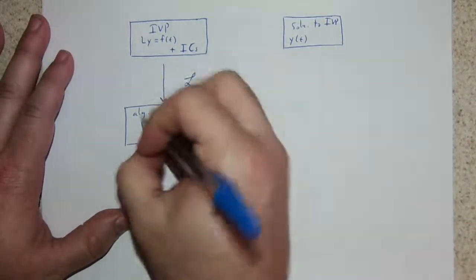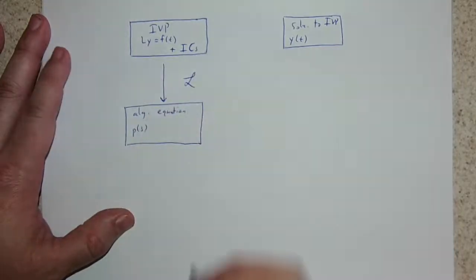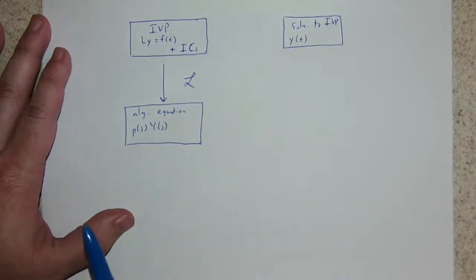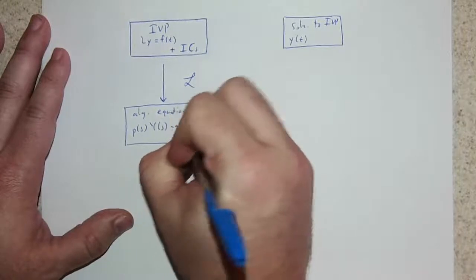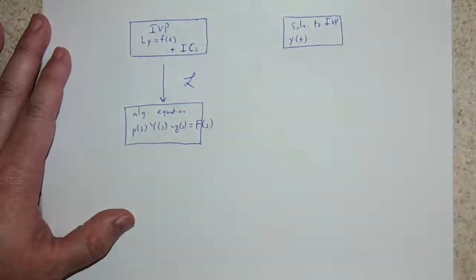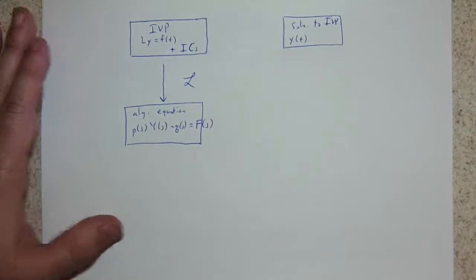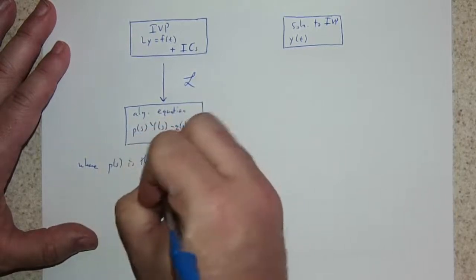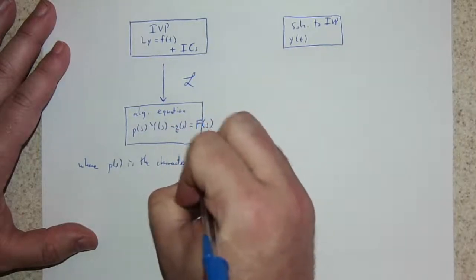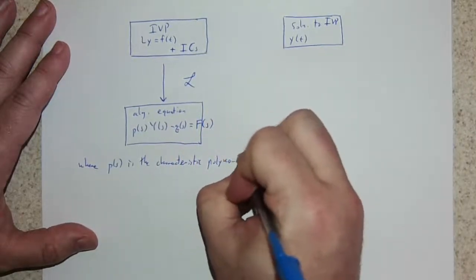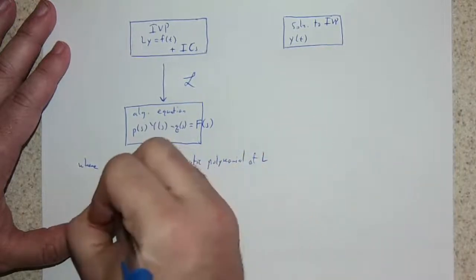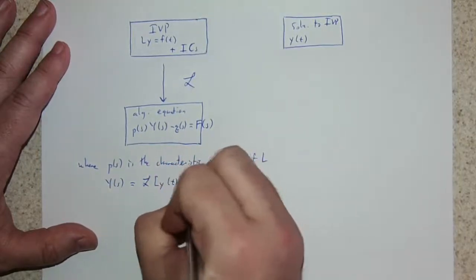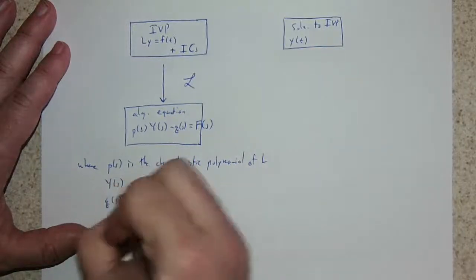that looks like this. P of s, where P is some polynomial, times big Y of s, where big Y of s is the Laplace transform of little y, minus Q of s is equal to big F of s, where P of s is the characteristic polynomial of L. Big Y of s is the Laplace transform of little y of t.